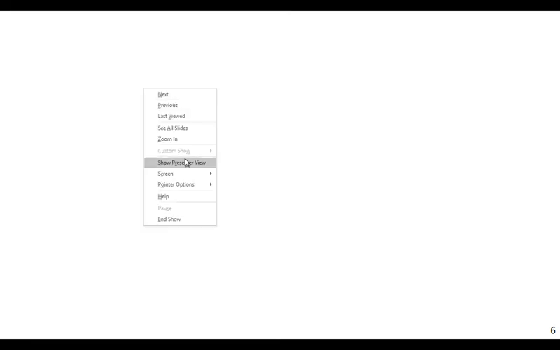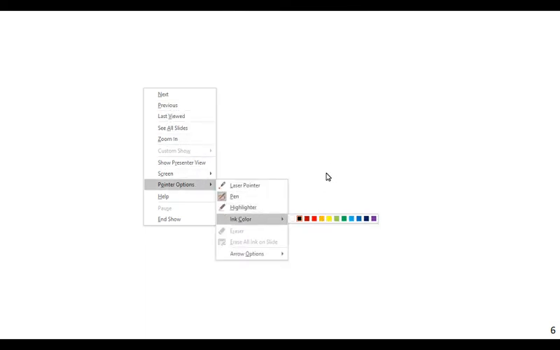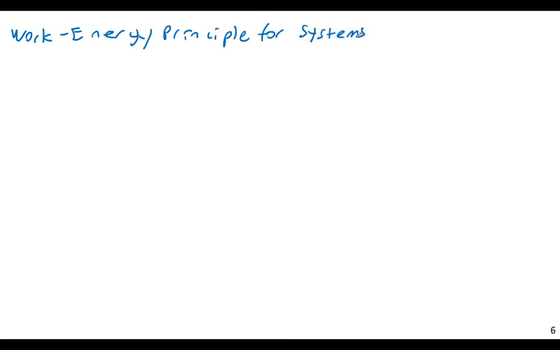Okay, so let's now look at the work energy principle and conservation of energy for systems of particles. The work energy principle for systems of particles.